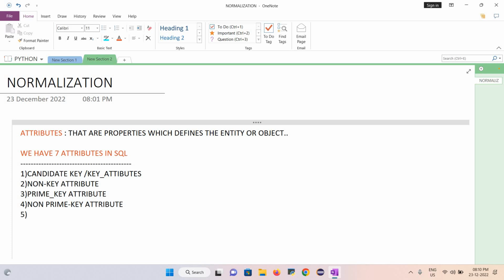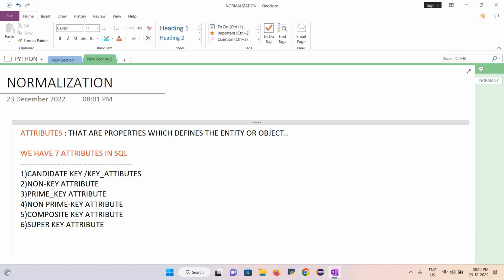The fifth one is composite key attribute. The sixth one is super key attribute.